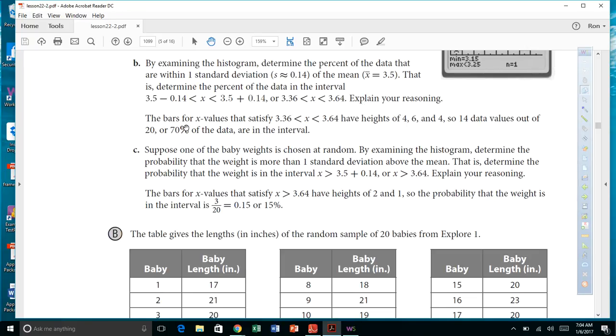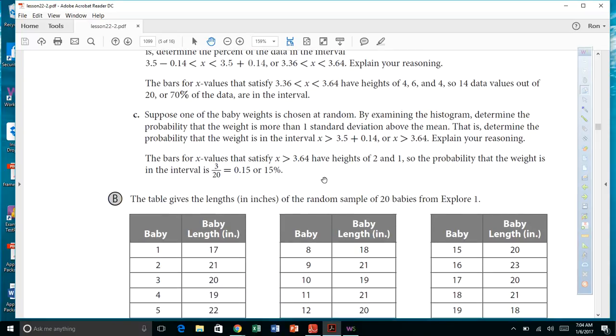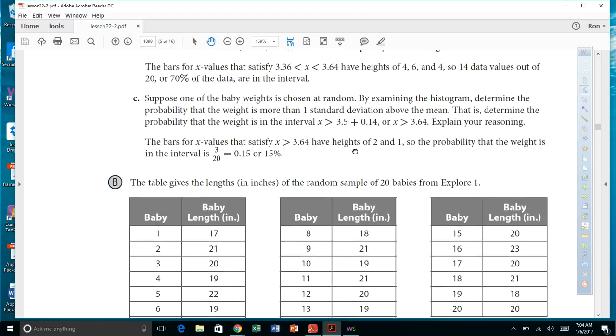Explain your reasoning. The bars for x values in the interval from 3.36 to 3.64 have heights 4, 6, and 4. So 14 data values out of 20, or 70% of the data, are in the interval.